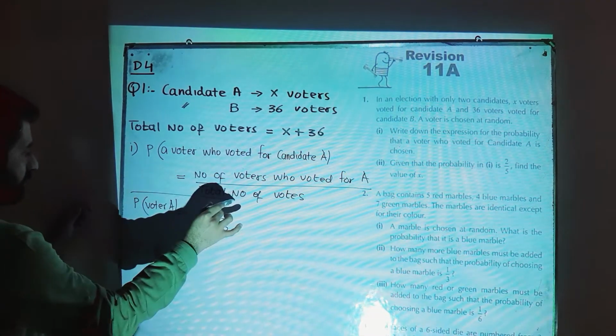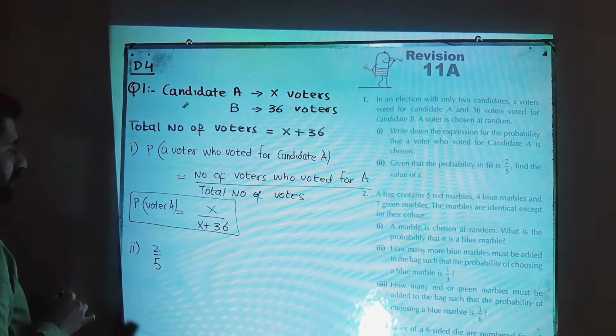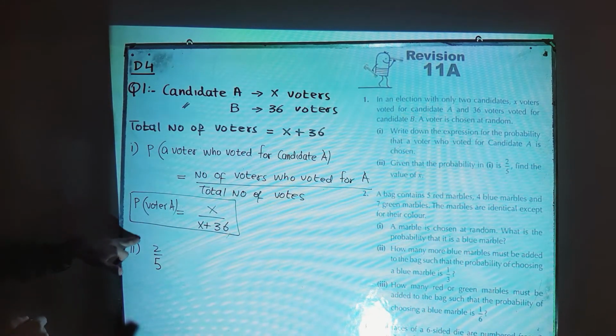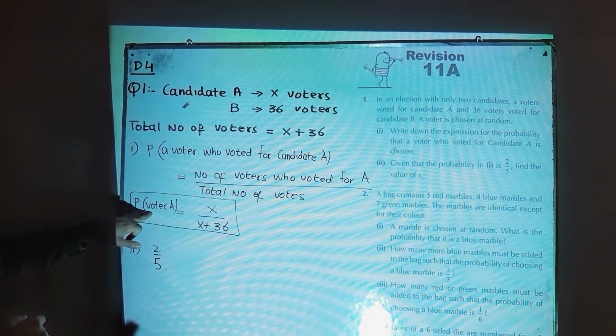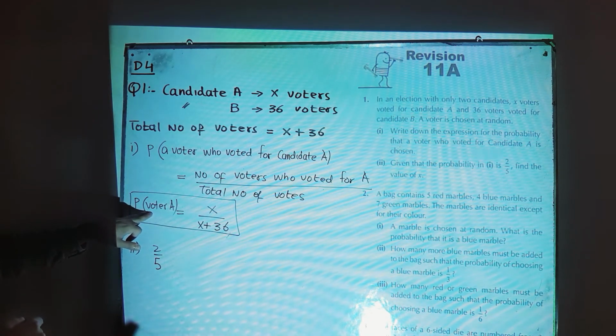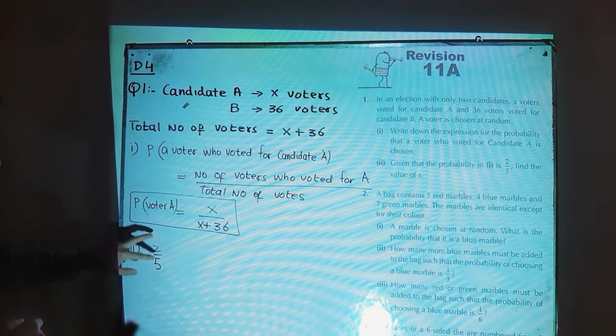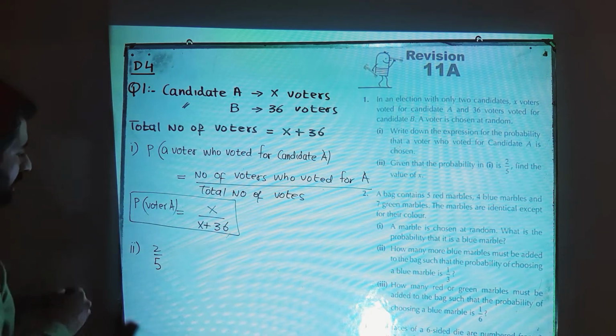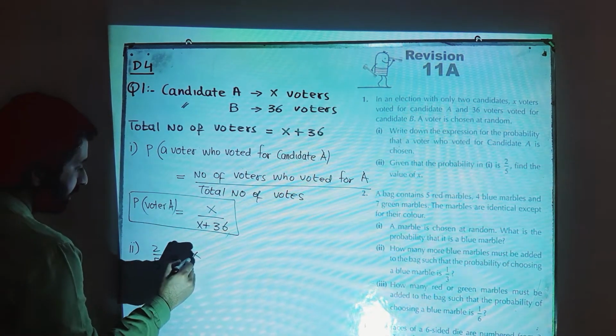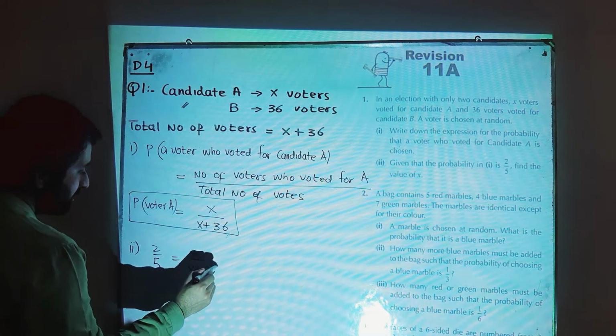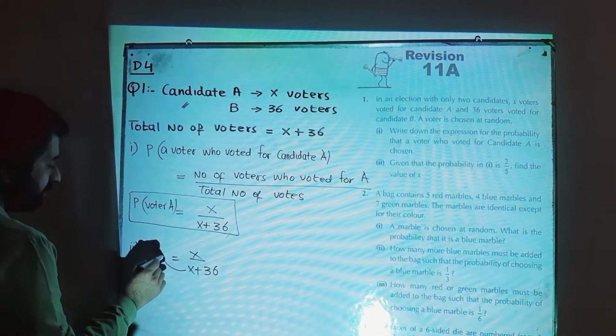This result is from part 1. Now in part 2, they have given us that this probability is 2/5, so 2/5 is equal to X over X plus 36. So you can find the value of X from here.